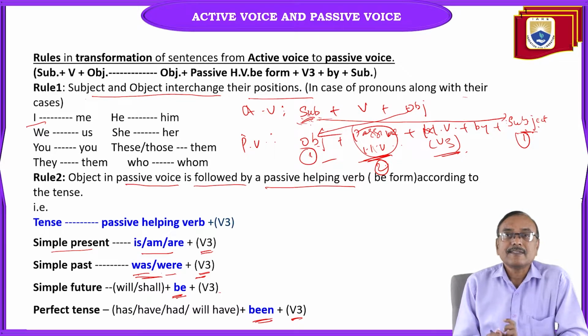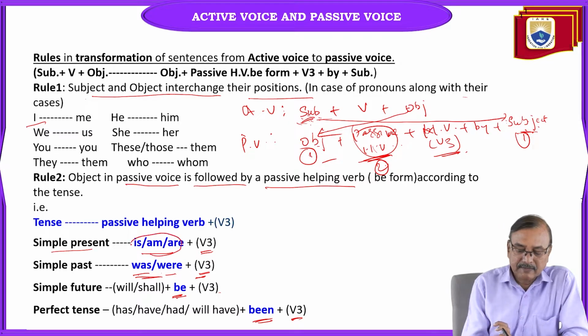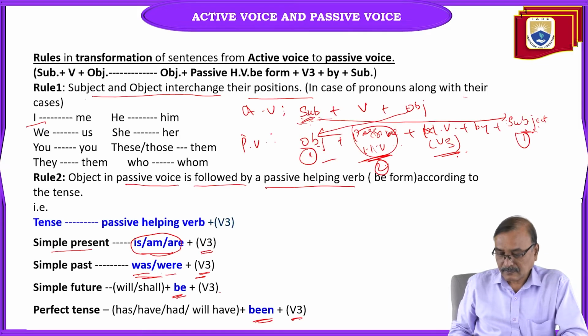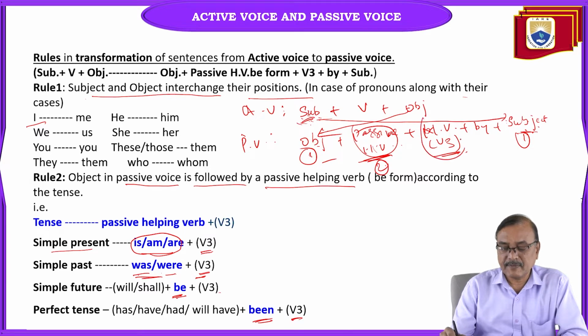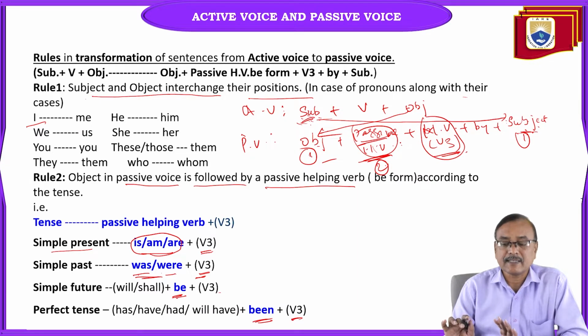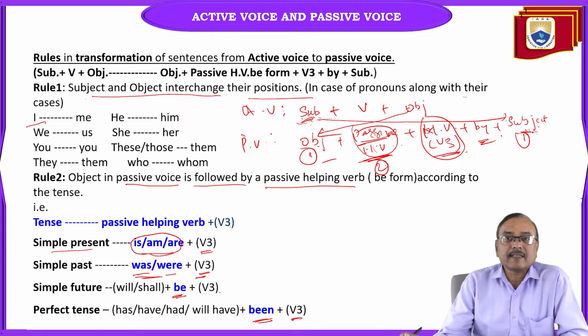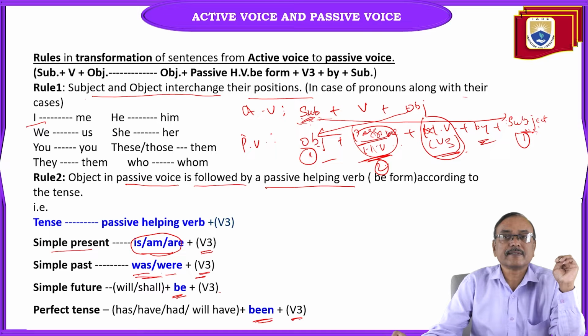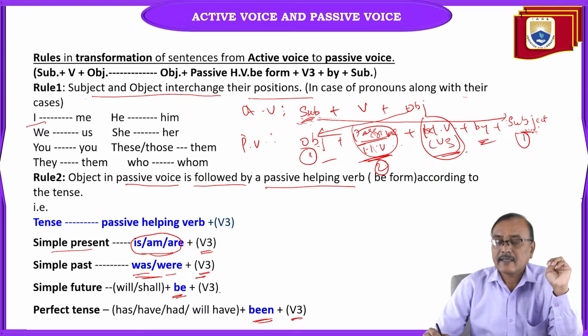Just remember these: the main verb is always the V3 form. You only have to remember this passive helping verb, that's it. Because the subject and object just interchange positions, and the subject in passive voice is preceded by "by".